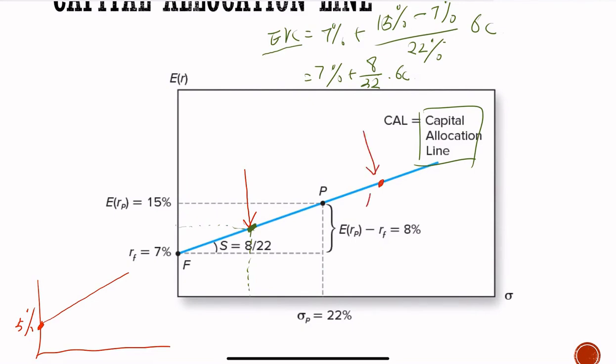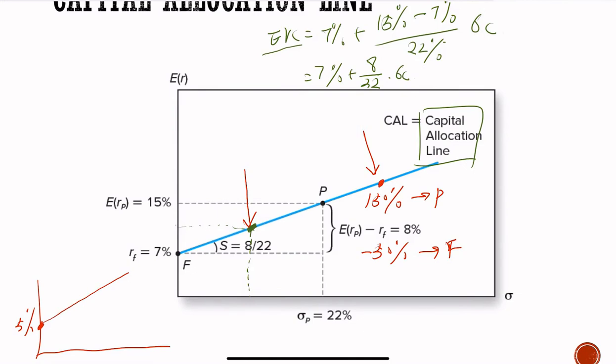Assume at this point you invest 150% into portfolio P and minus 50% into the risk-free asset. What does this mean? It means you're borrowing money to buy portfolio P. That's why you could have a portfolio weight of 150%. So it's really a leveraged portfolio here.